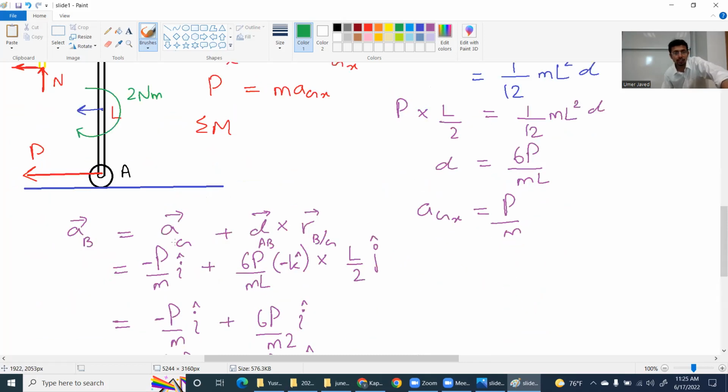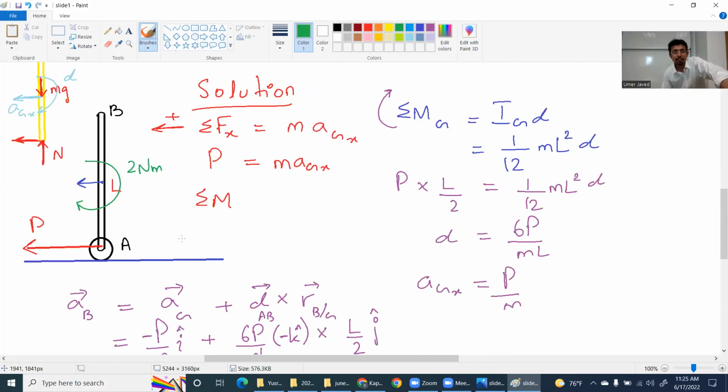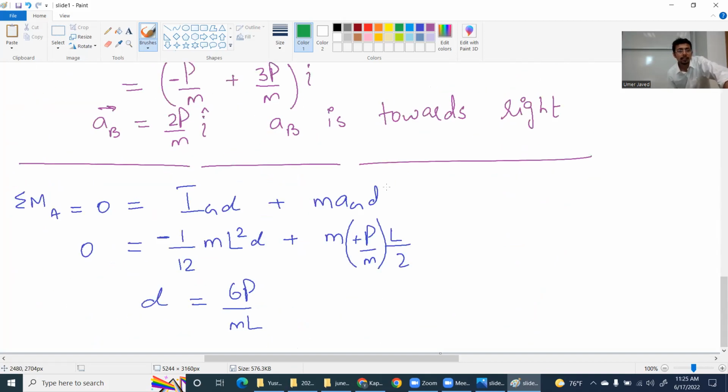Then I would have scrolled this downwards. Wherever I have summation of moment about G, I would have written here -2, plus... Here I will have to put a -2.